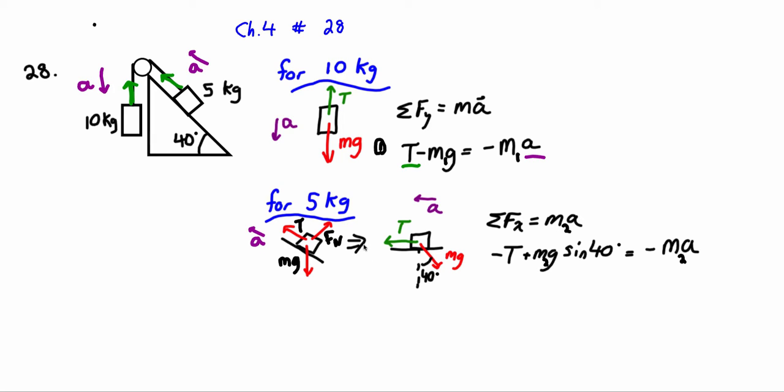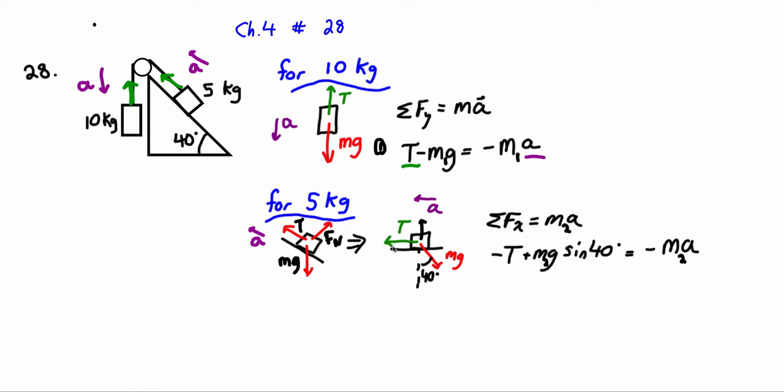So I'm going to do a trick of rotating this whole diagram down the 40 degrees. And what that does is it puts my tension horizontal. I still have a normal force going up, but you'll see that is not going to be important here.